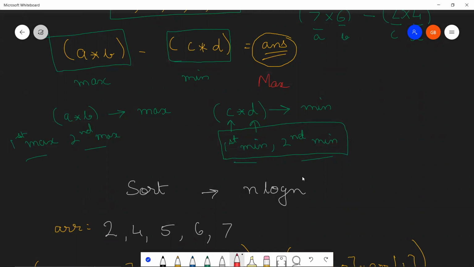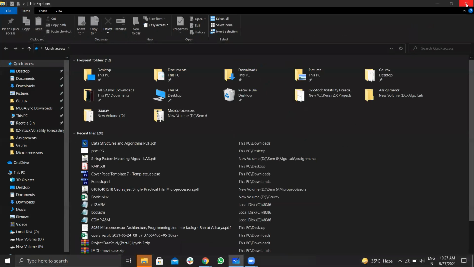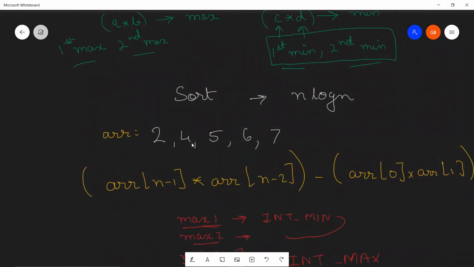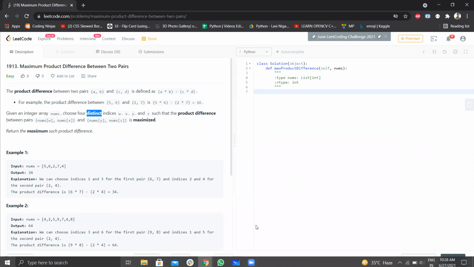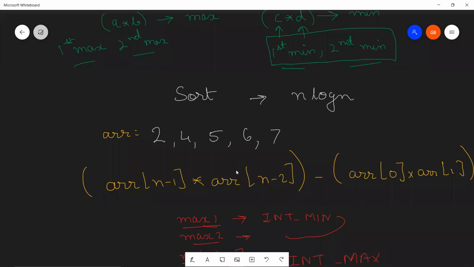A question that must have popped in your minds by now is what happens if the number of elements in the array is not sufficient to find 4 distinct mins and maxes. I mean, the question does mention a very important point over here, and it's that you need to choose 4 distinct indices. What will you do when there are only, let's say, 2 numbers in your array?